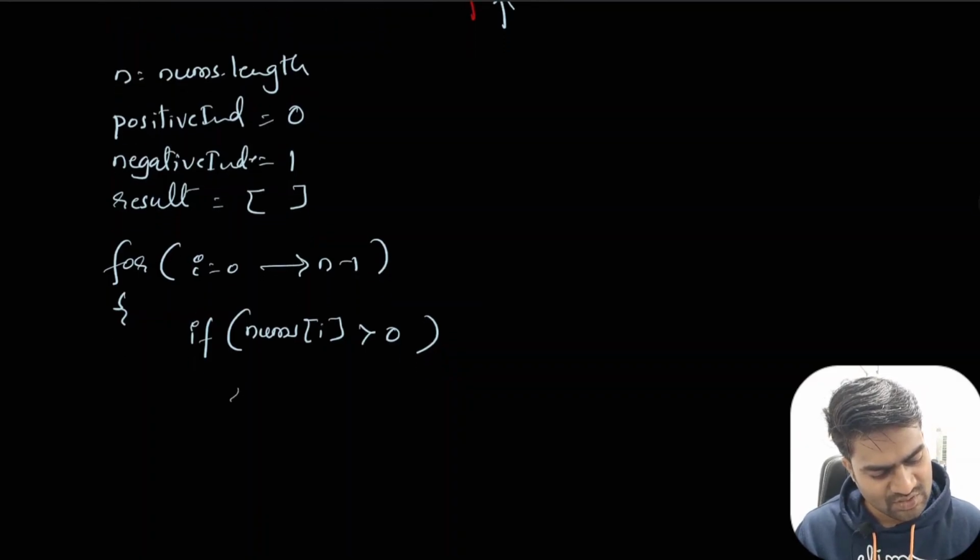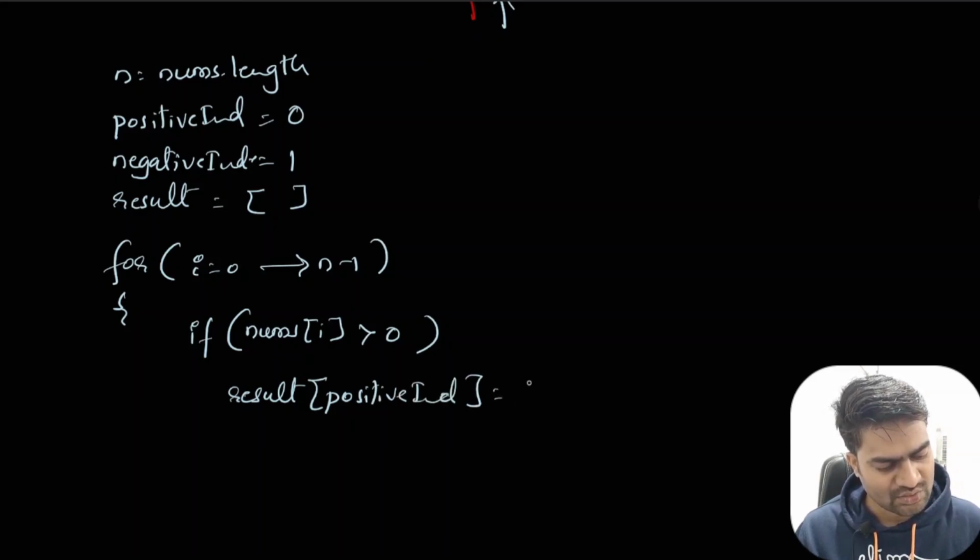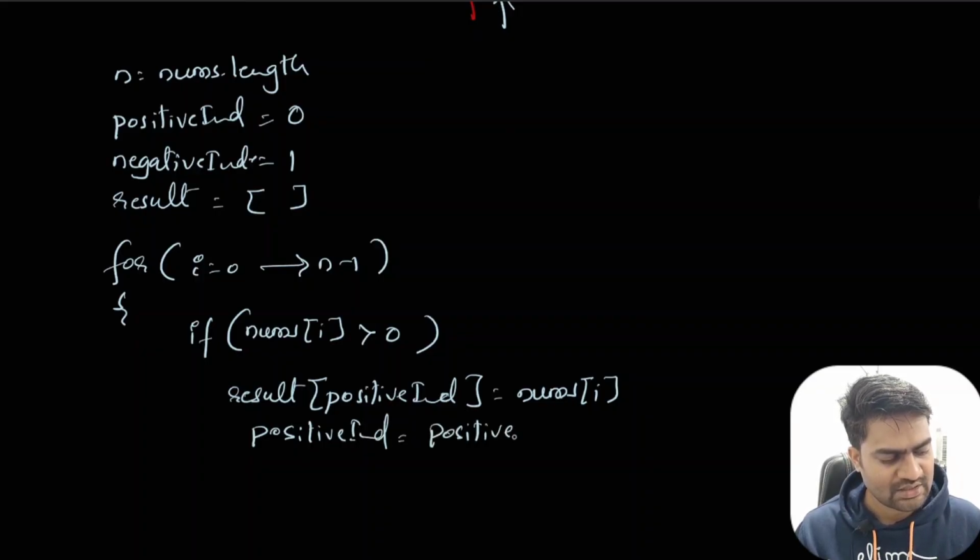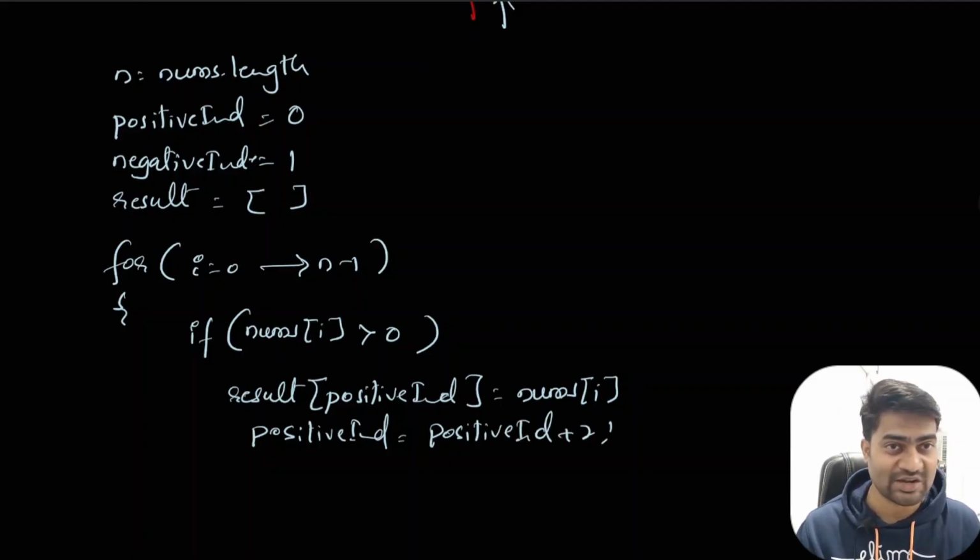So what I will do, result of positive index equal to nums of i. Then after that, I have to do positive index equal to positive index plus 2. Correct, right? I will have to increment it by 2, not 1.